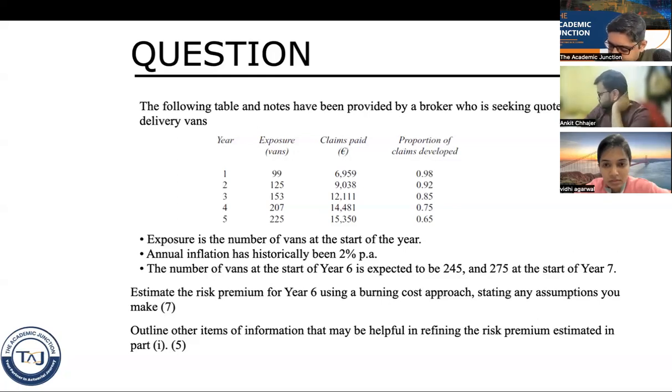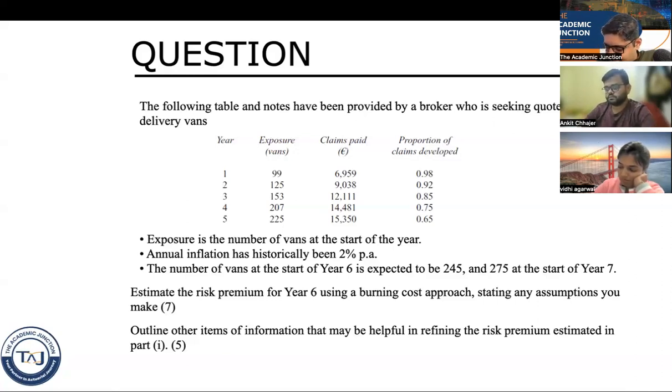The first would be the claim counts for each year to better understand the frequency and severity trends separately, and maybe we can use the frequency severity model if need be. If there are any changes in policy terms and conditions like deductibles over the past years. Also, if there are any changes expected in the next year. Similarly, if there is any RI treaty, and if yes, then details of the same to calculate the proper RI loadings.